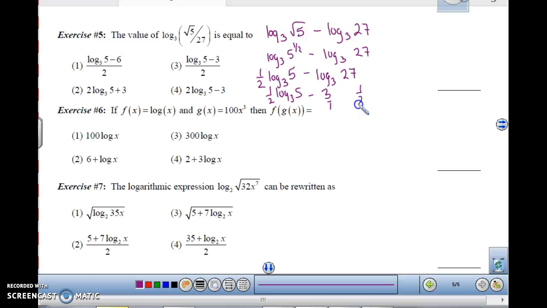So this would be 1/2 log to the base 3 of 5 minus 6 over 2 for that. So when I combine this, I get log to the base 3 of 5 minus 6, all over 2. All right, so that would be number 1. So there we go. So we just combined our terms to do that.